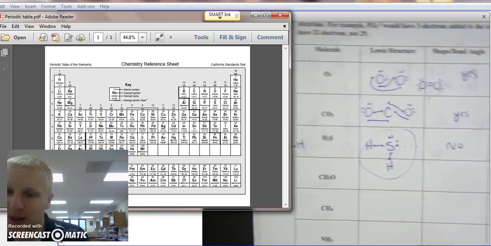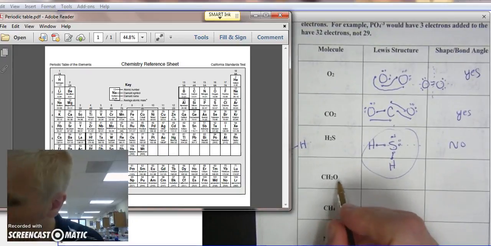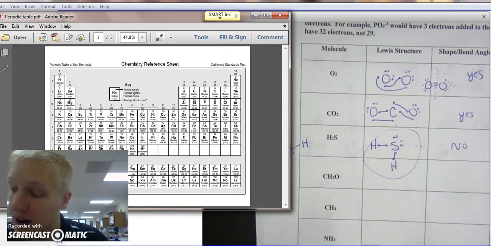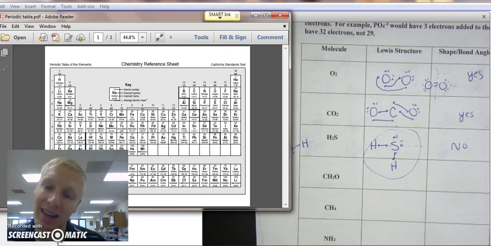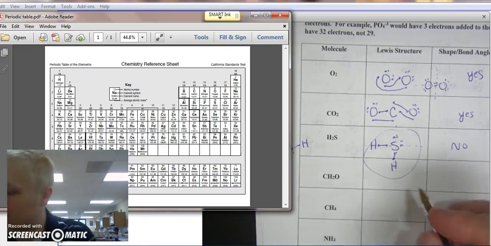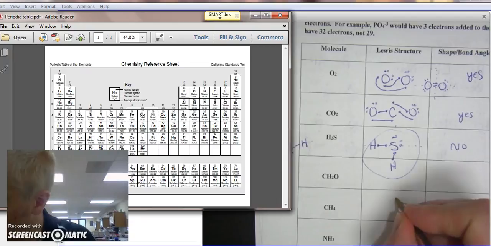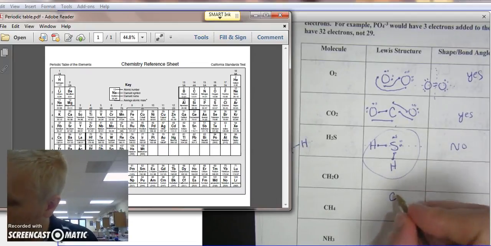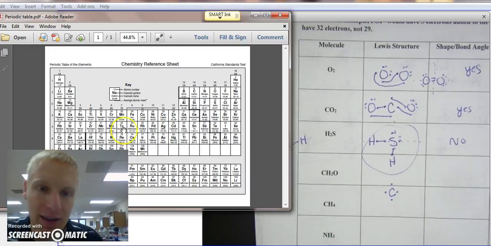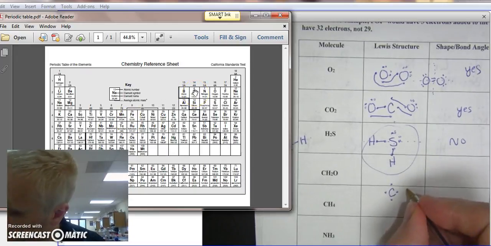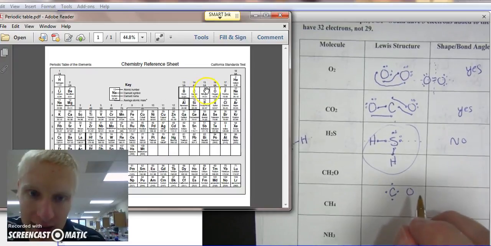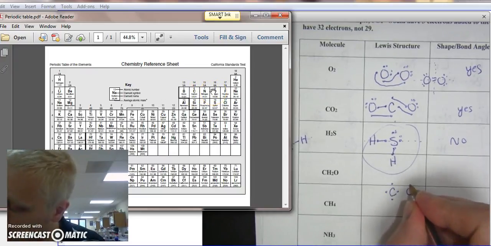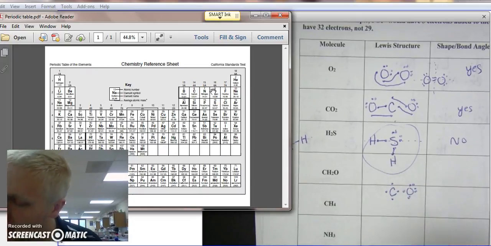Alright, let's do another one. So we got CH2O. There's 2 that are in least supply, carbon and oxygen. If you have a situation like that, carbon is always in the center. Alright, so I'm going to draw a carbon right here. And it has 1, 2, 3, 4 outer electrons. It's found right here on the periodic table, 4A. And I'm going to put oxygen on one side, which has 6 outer electrons. 1, 2, 3, 4, 5, 6.